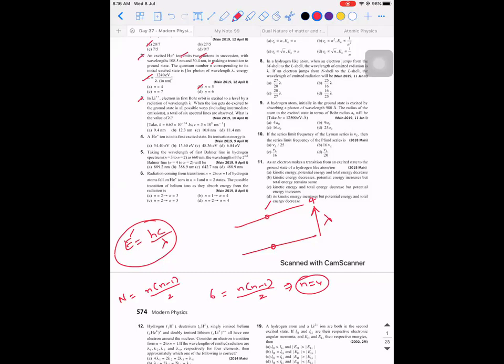right? So the electron which was in the first orbit has got excited to the fourth orbit by absorbing a wavelength of lambda. Now, if you're able to calculate the energy difference between the fourth orbit and the first orbit and equate it to hc by lambda, then you should get the value of lambda.